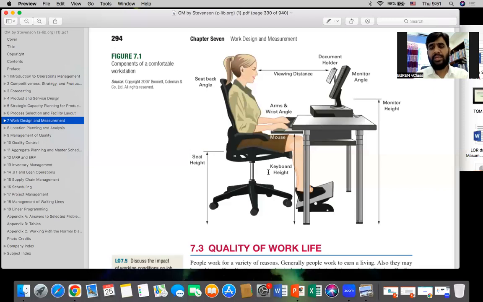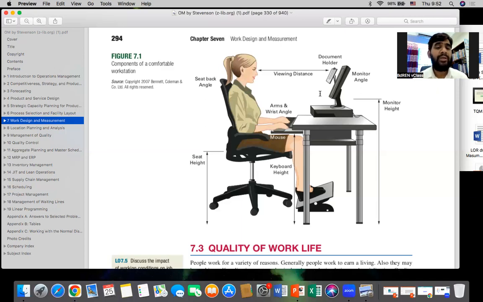Table height. Keyboard height. Seat height. That means which one will be comfortable, where you will put your mouse, and the arms and wrist angle. So these are the factors you have to take care of when you are designing your job. It is known as ergonomics, and ergonomics is handled by the operations or production department.